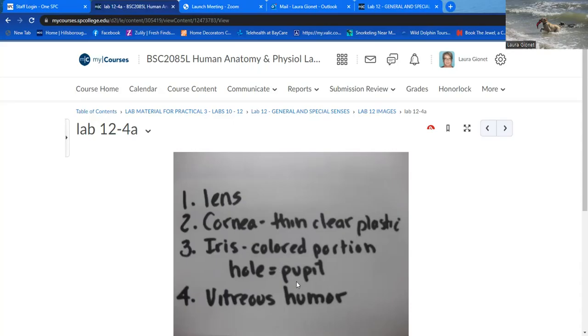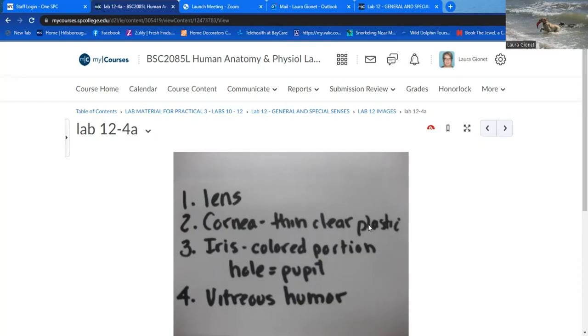The hole through the center would be the pupil. And 4 represents the volume of fluid between the lens and the optic nerve that's in contact with the retina in the posterior chamber. That's the vitreous humor that doesn't replenish itself and keeps the retina pushed into place. And it also helps absorb some light photons.